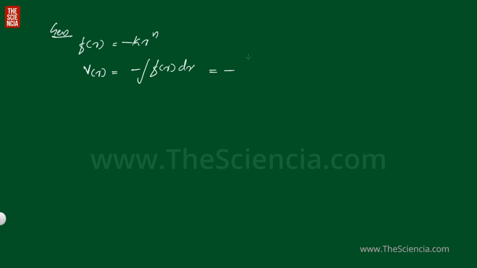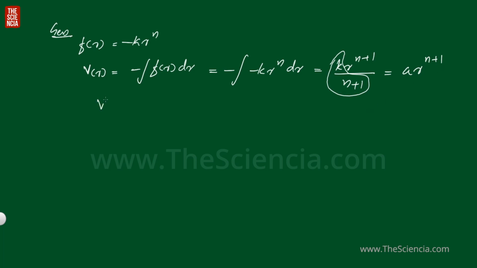That is equal to minus integral of minus k r raised to n dr. So we get k r raised to n plus 1 by n plus 1. Here k is a constant and n plus 1 is also constant, so I am rewriting this as a r raised to n plus 1.